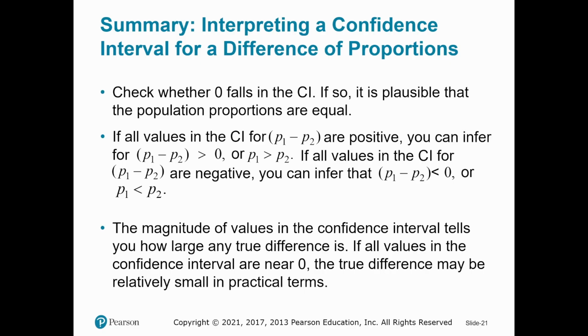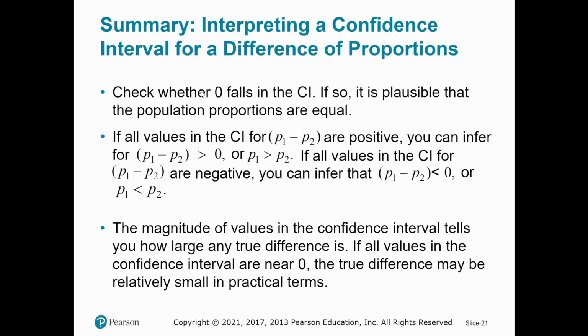Summary: interpreting a confidence interval for a difference of proportions. So, as I mentioned, you are going to want to look to see if the confidence interval captures the hypothesized difference in proportions.